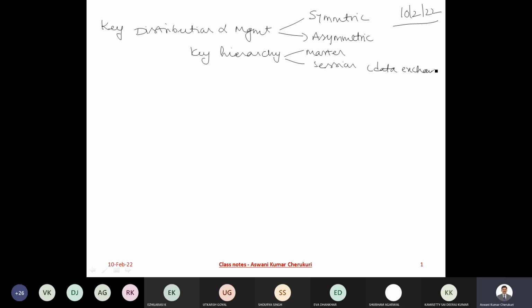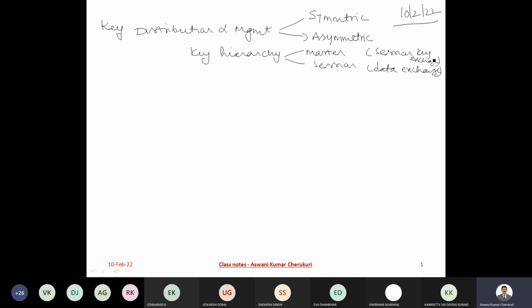During the session, whatever communication is happening would be encrypted with the help of the session key. Now the issue is, how do you get the session key? So take the help of the master key and use it for session key exchange.